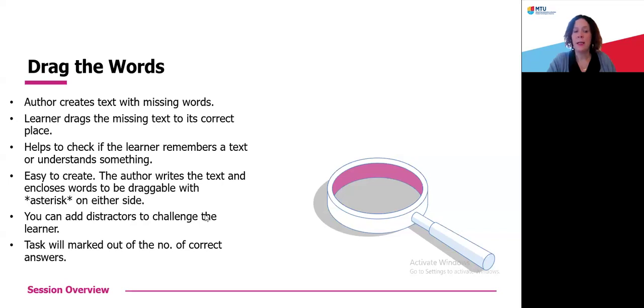Again, it's an easy one to create. The author writes the text and encloses the words to be draggable with an asterisk on either side, and then you can add distractors as well to challenge the learner. The task will be marked out of the correct number of correct answers. So if there were 5 words that the learner had to drag onto the text, the learner will be marked out of 5.